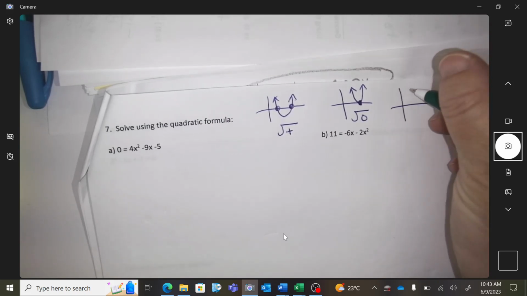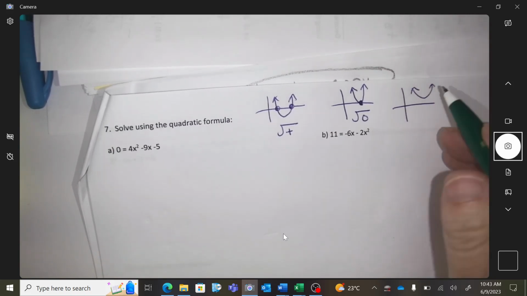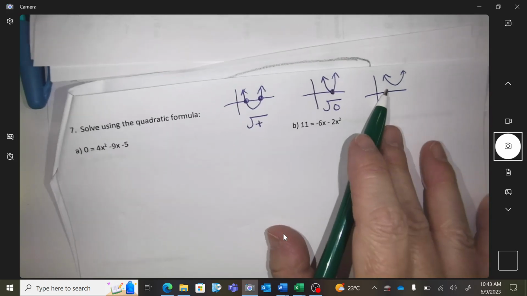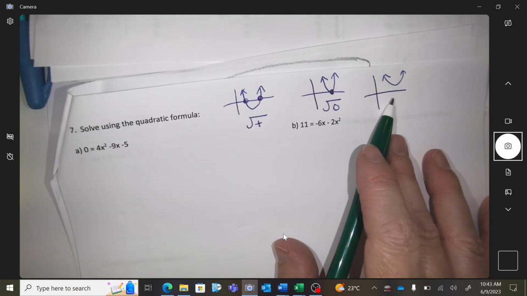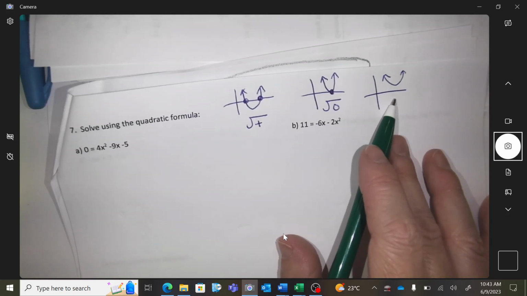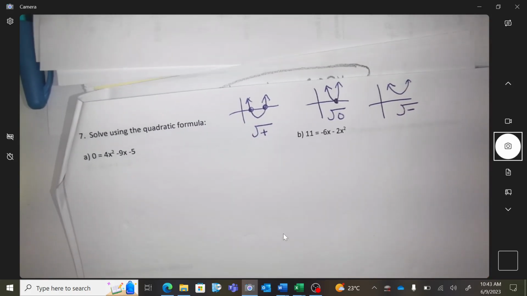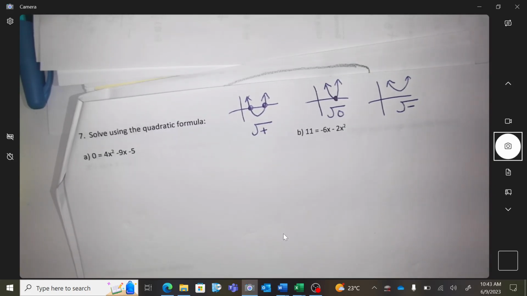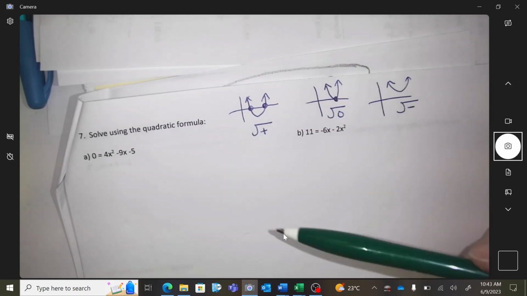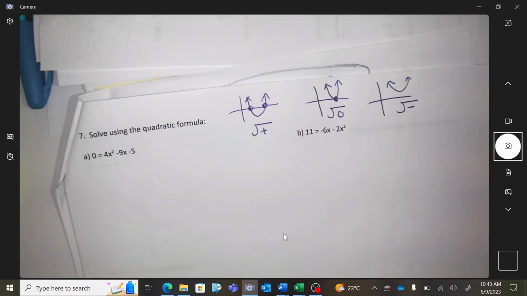You can also have a parabola that doesn't cross at all. Why would I know that from the formula? If I ran into a square root of a negative, it's telling me there's not even a solution. You need to make sure for the exam you understand that scenario. There's 3 things that could happen.